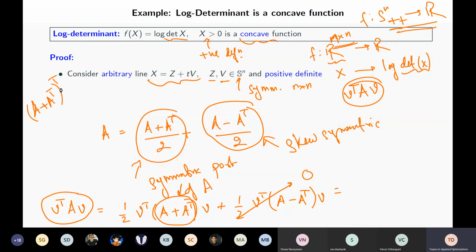Because its transpose is A transpose plus A, which is A plus A transpose. So in practice, testing it for a non-symmetric matrix, you end up testing V transpose V only for the symmetric part. So that's why positive definiteness makes sense only for the symmetric part.